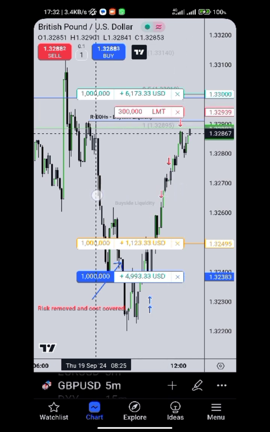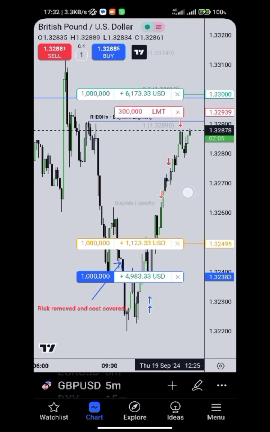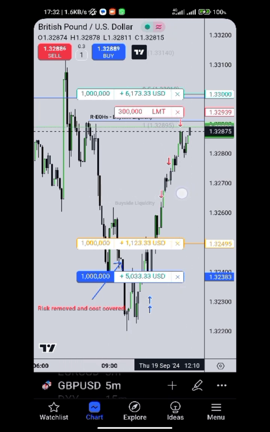But look at the midpoint of this week here, about this even point here. This was just about halfway point or below. So I want this one to, first of all, close above the midpoint of this, and also above the midpoint of this. That was at least above the closing price of these 2 candles. The closing price of this candle at 1.32874, and the opening price of this candle at 1.32874.